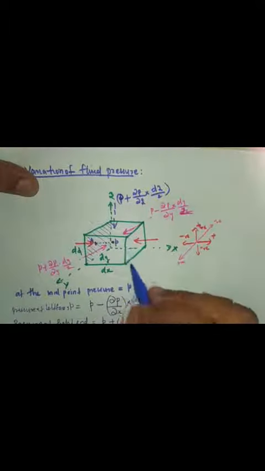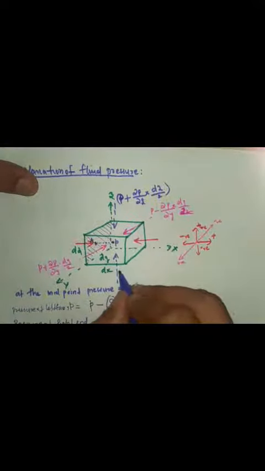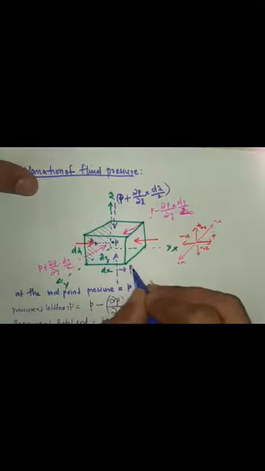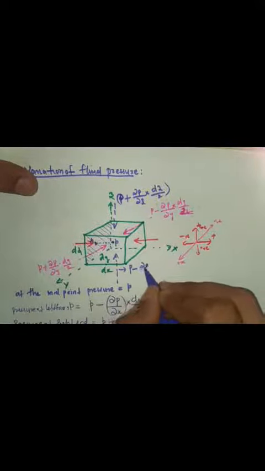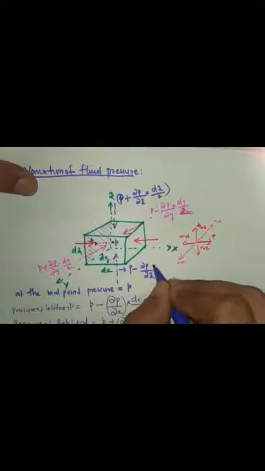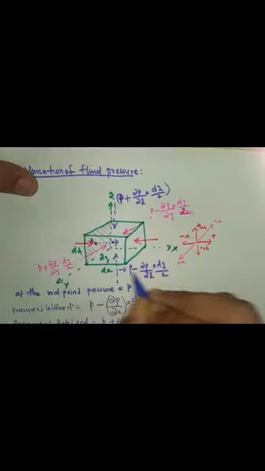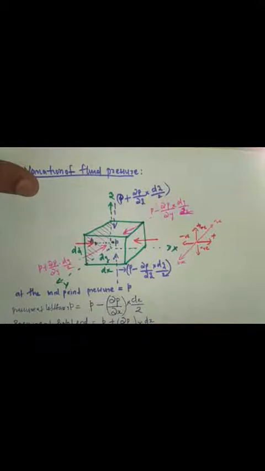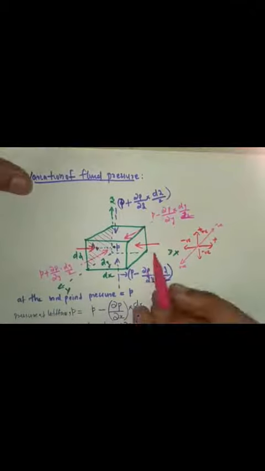On the other face, this will be in the opposite direction, and the value is P minus dou p by dou z into dz by 2. So these are the two forces acting in the z direction, and remember there is one more force here.